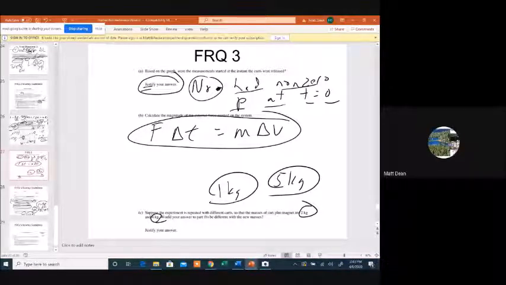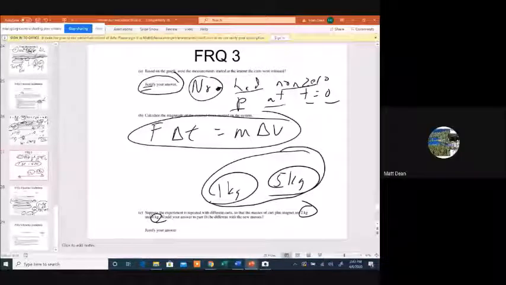Remember, in part B, we were calculating the external force. What I'm hoping you see is that we started with a system mass of 6, 1 plus 5. In the second version of this lab, we have 2 kilograms plus 4 kilograms, still 6. So constant system mass. Because the system mass is constant, the force is going to be constant, and the acceleration is going to be constant.